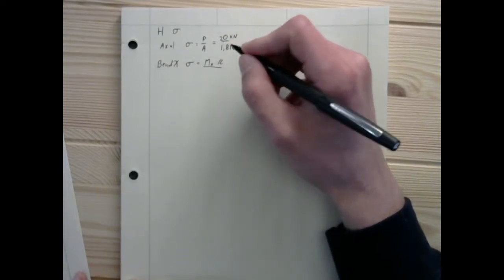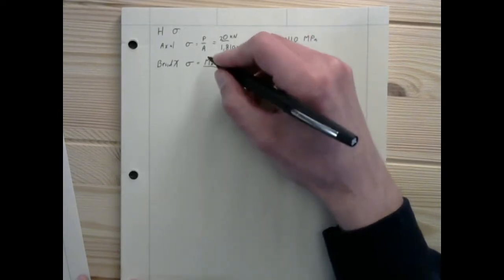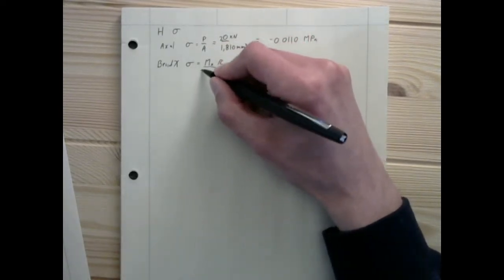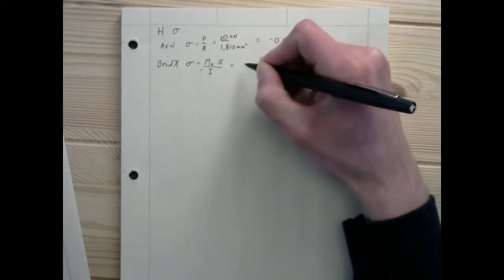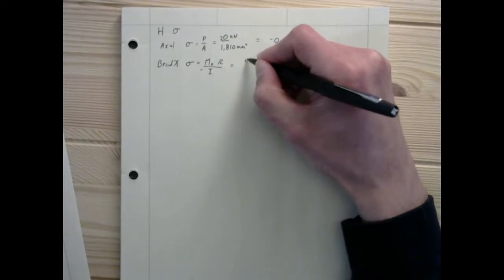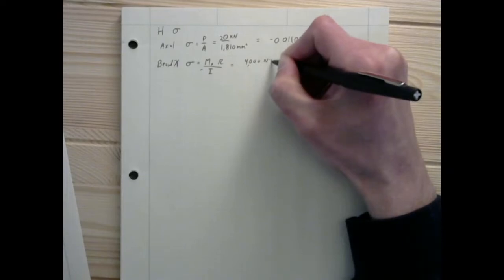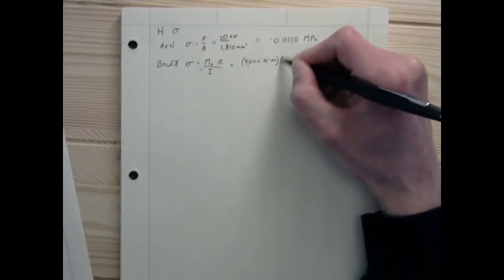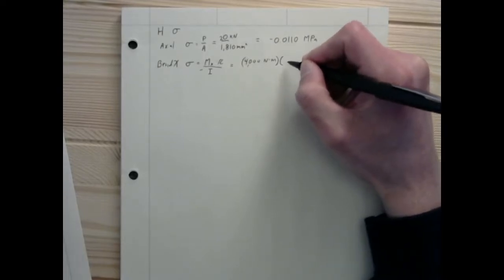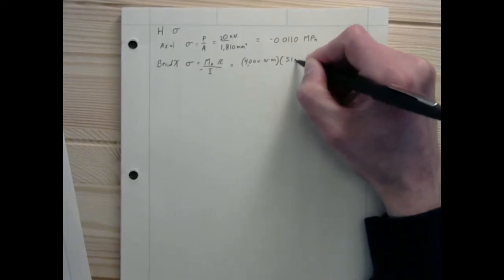And then we'll divide that by our second moment of inertia, I. We said the moment was 4,000 Newton meter, or kilonewton millimeter, if you prefer that. Our radius is going to be 51 millimeters.